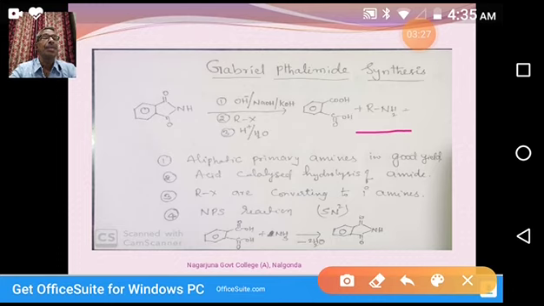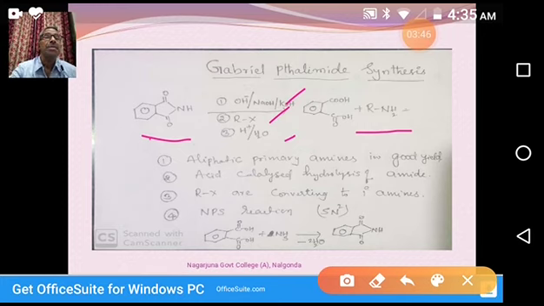So one is base, alkyl halide, and then water, aqueous acid. This is the Gabriel phthalimide synthesis.